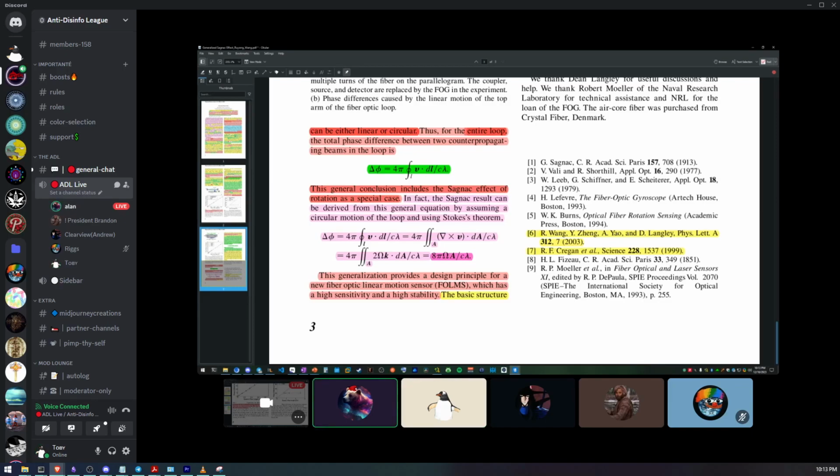Oh, and so then the 4 pi. Sorry, continue. Yeah, the 4 pi is just in relation to, so usually they attribute the Sagnac effect to rotational effects. So they'll put it over like pi, they'll do like 4 pi omega or whatever to describe angular rotation. So they're basically just rotating a circle is what they're describing with the math.